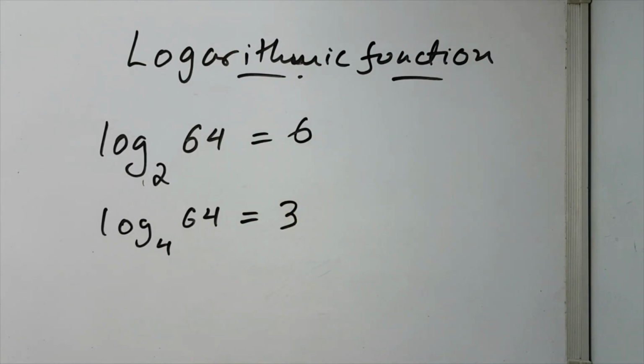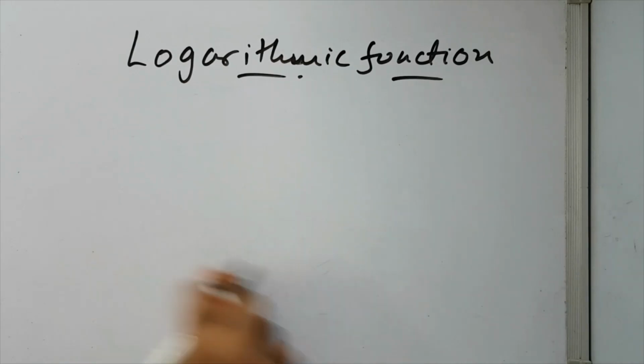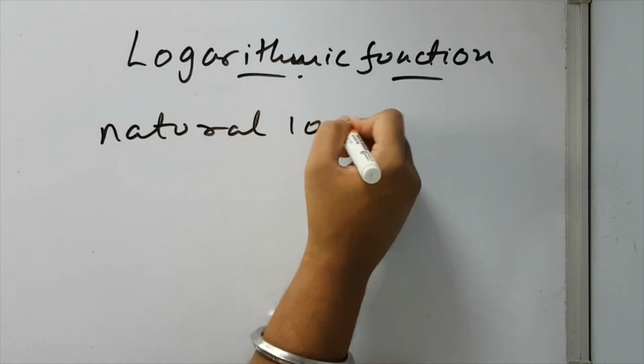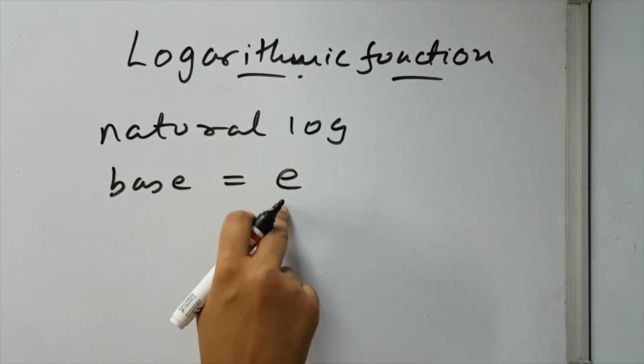Now, a special type of logarithmic function is the natural log. Natural log is when the base is equal to e, which is Euler's number.